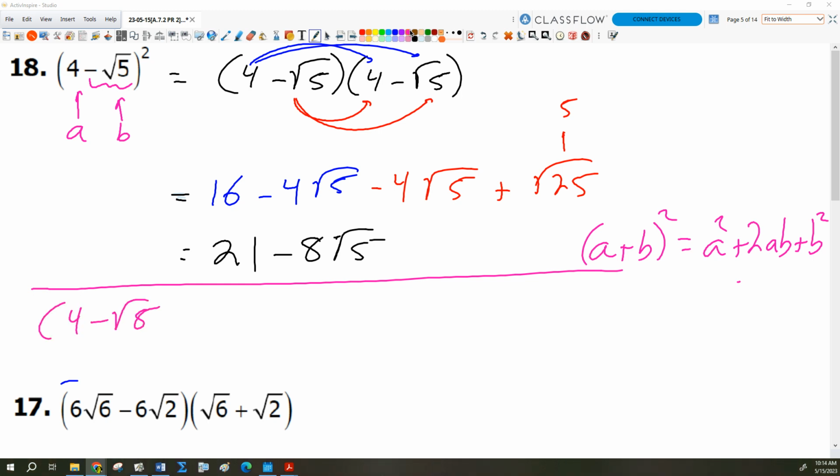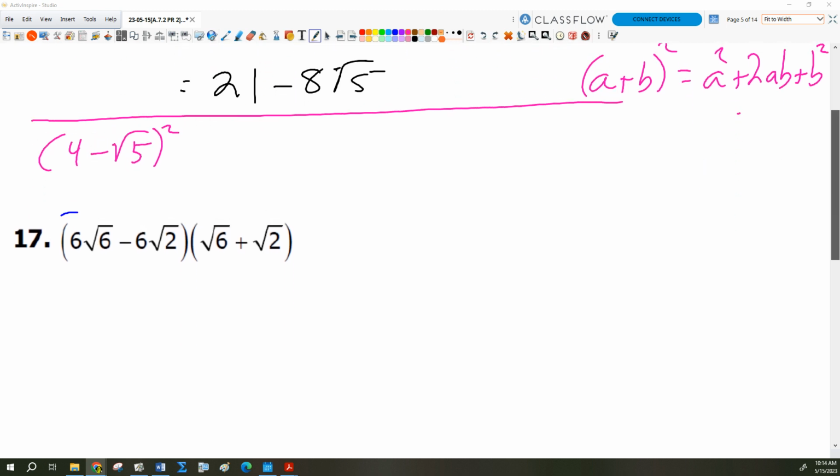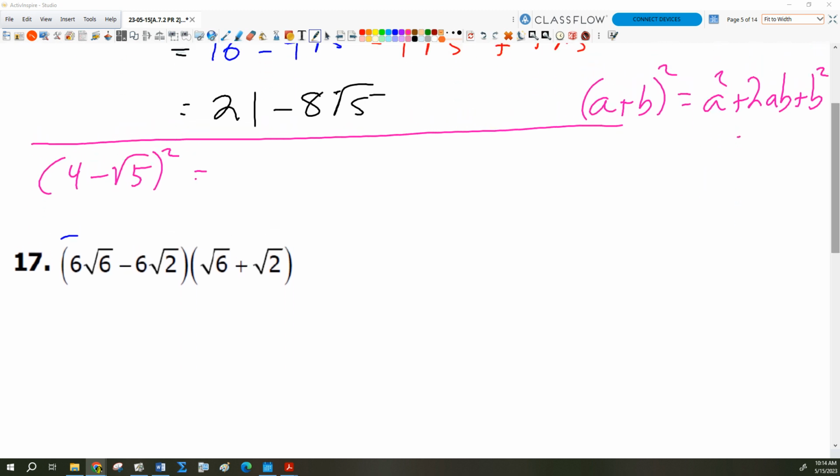4 minus radical 5 squared. If I follow that pattern, it is just going to equal A, which is 4 squared, plus 2 times A, which is 4, times B, which is negative radical 5, plus B, which is negative radical 5 squared.